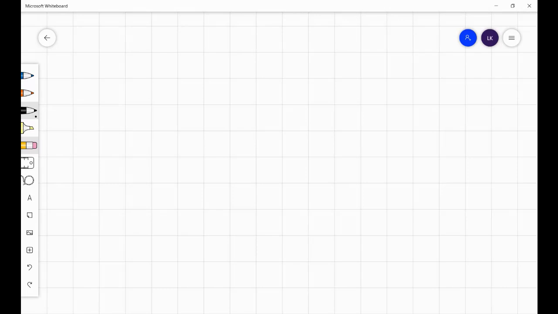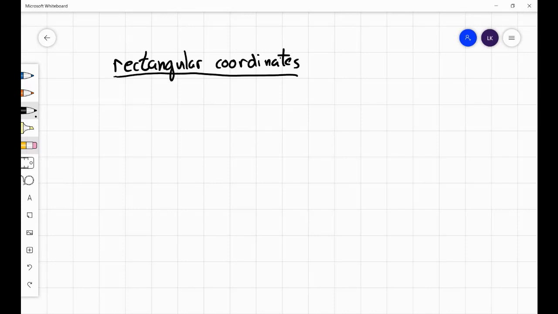All right. So the next thing is cylindrical and spherical coordinates. You're probably more familiar with cylindrical coordinates because it's just an extension of polar coordinates to 3 dimensions.